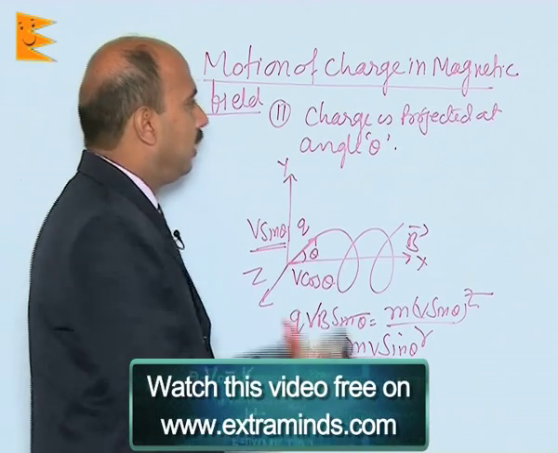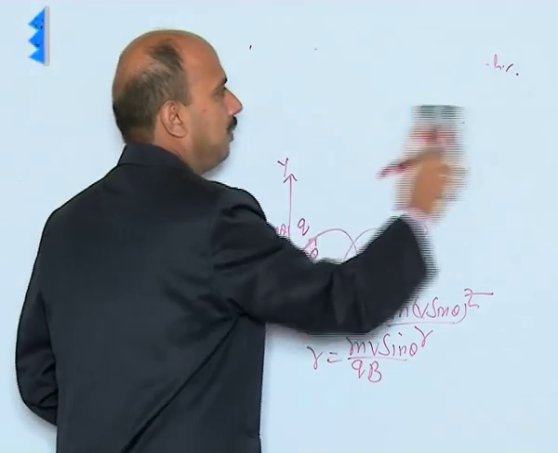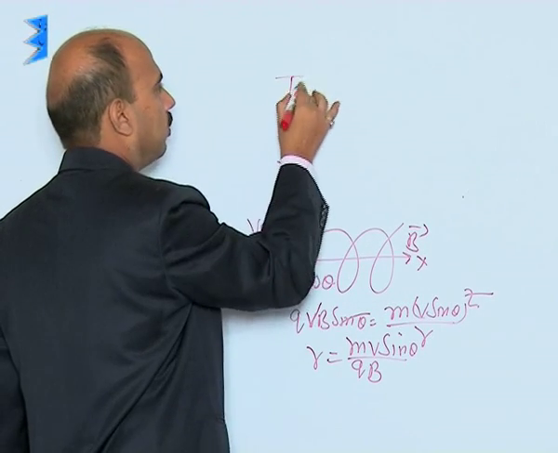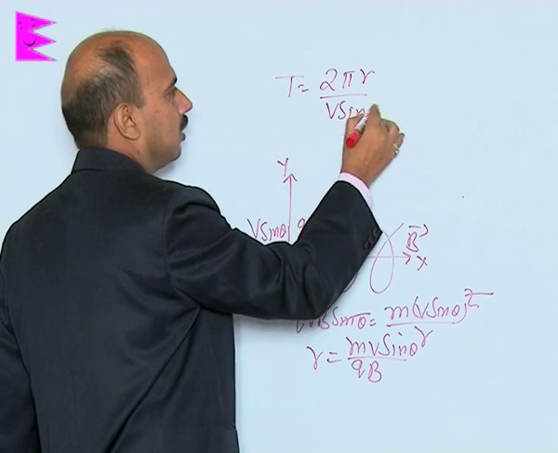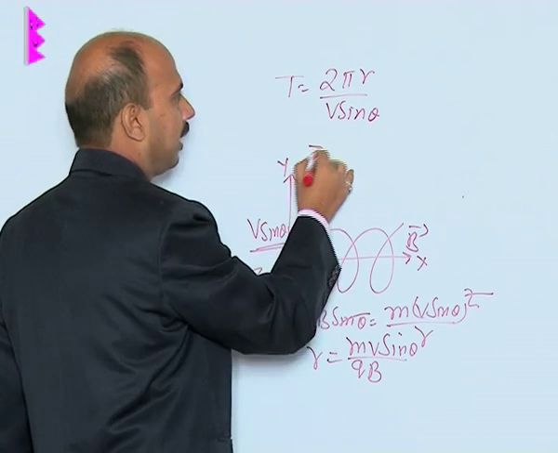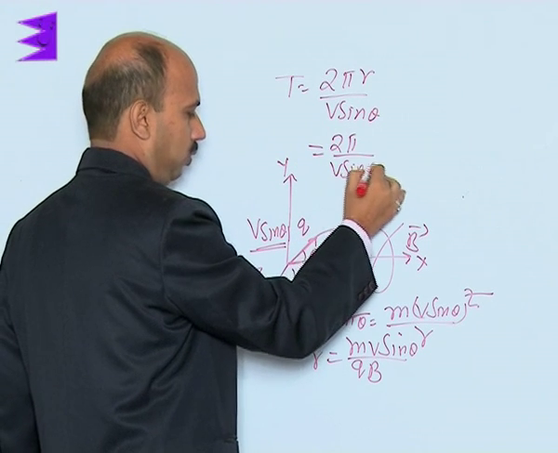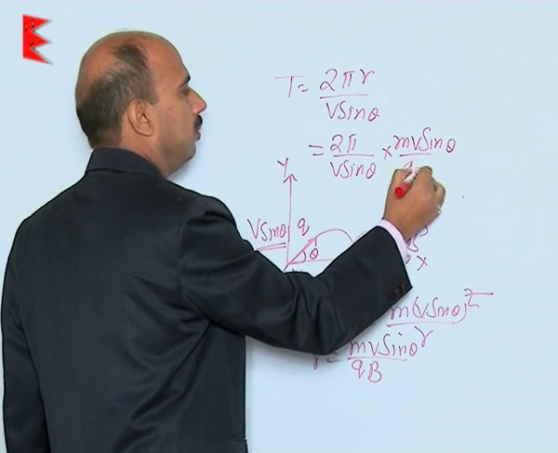Now, we can also calculate the time period in this case. T is equal to 2 pi r upon v sin theta. The value of r can be replaced: 2 pi upon v sin theta into mv sin theta upon qB.